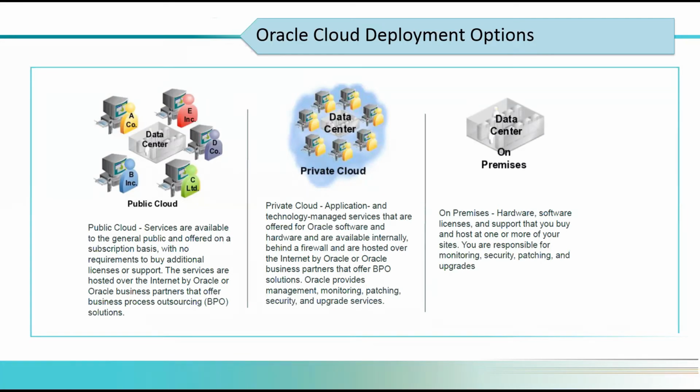Right? So basically here what is happening, the same application is being shared by multiple people. Similarly, your Oracle Fusion application is being shared by company A, company B, company C, company D. They all share the same application, but company A can see company A data only, B can see B data only, C can see C data only.